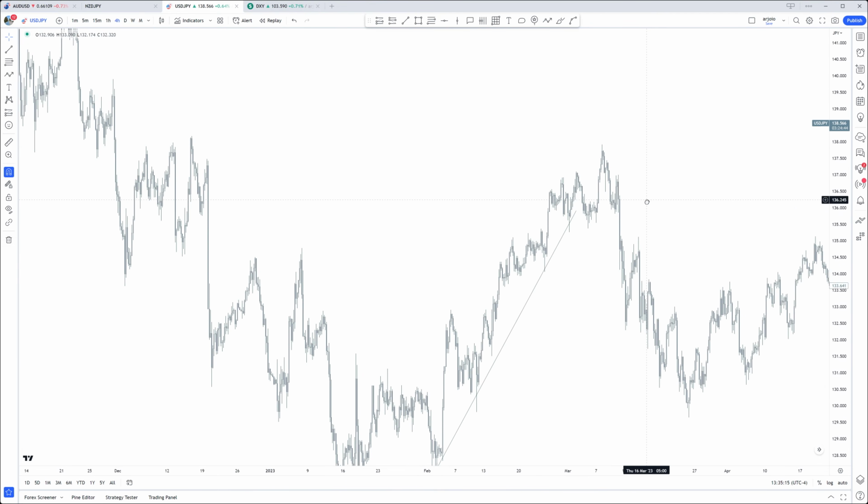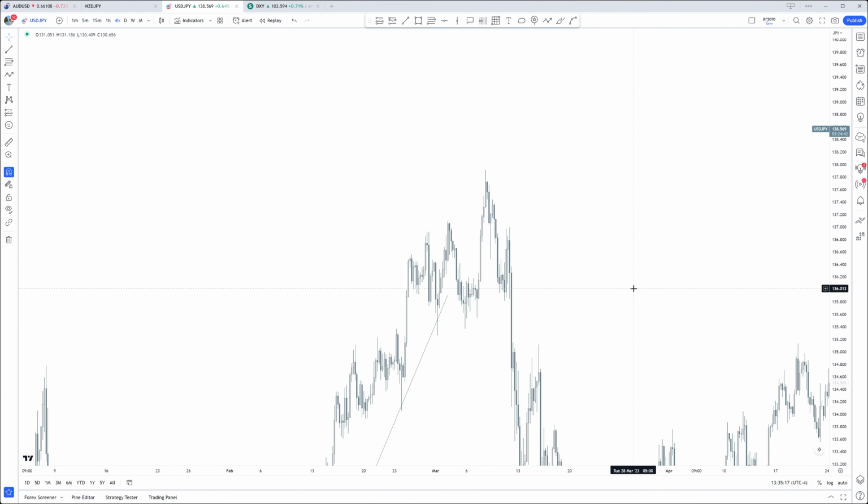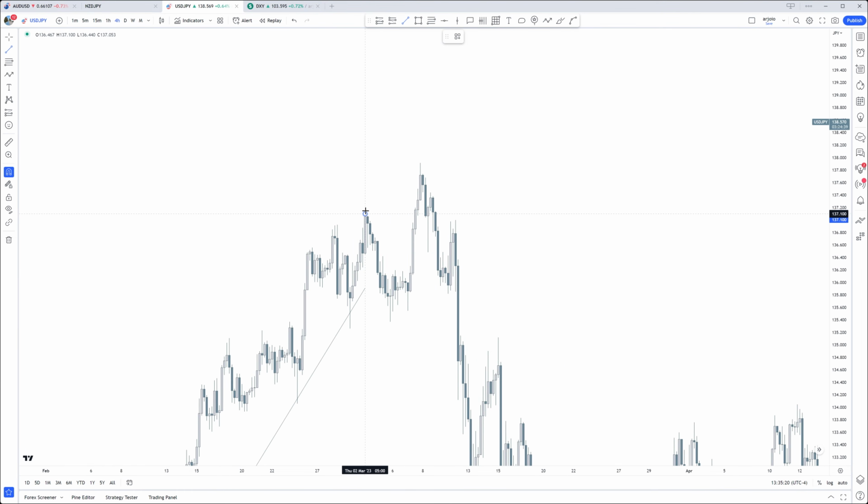Trend line liquidity. And what do we have right here? We have a high above a high. What's above a high? There is liquidity. So here, above a high, we are triggering buy stops. Those buy stops, who is willing to sell? We are willing to sell for those buy stops.